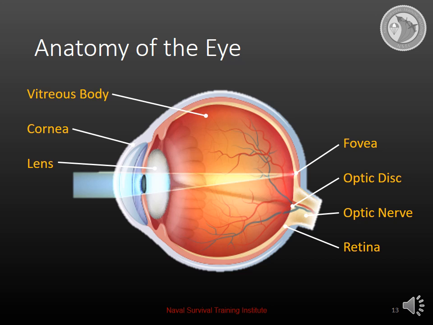We always draw these pictures where it's this point of light focused on the back of your eye, but really it's an image being projected onto the back of that eye, just like a projector on a movie screen. But we want it to be a nice, crisp, clear image. If you can't focus a crisp, clear image, that's why you might have to wear glasses or contact lenses or have had corrective surgery so that that image can be clear and crisp. Notice also the optic disc, which is where the optic nerve and blood vessels come into the back of the eye. We'll talk more about that later.